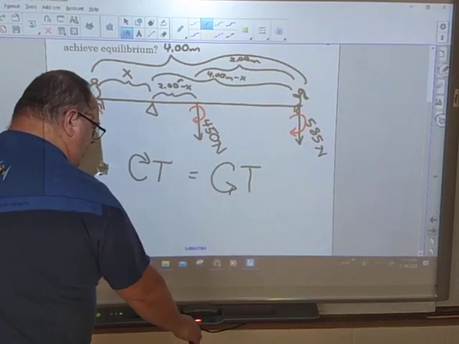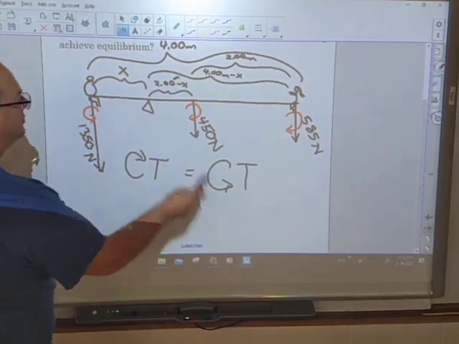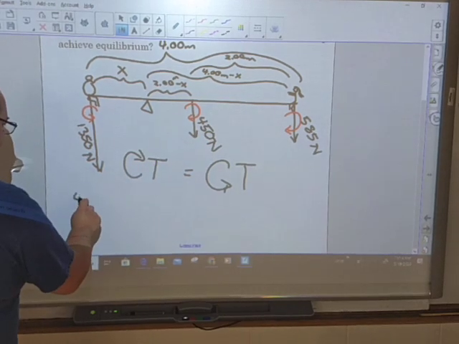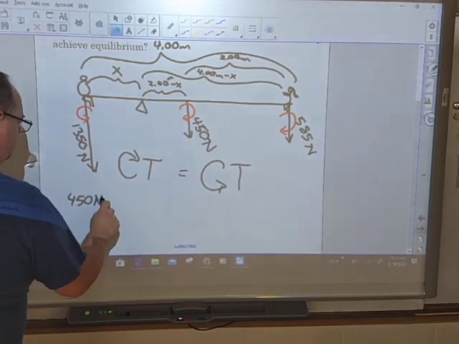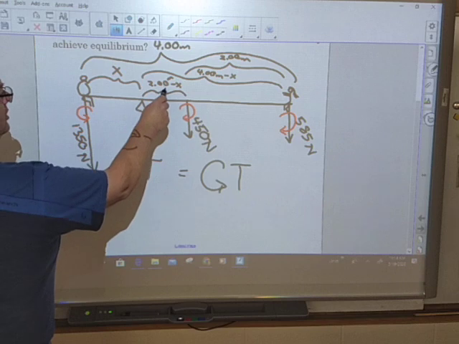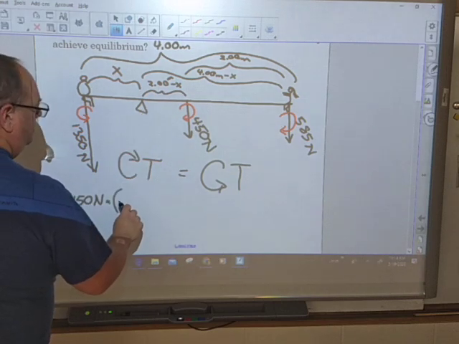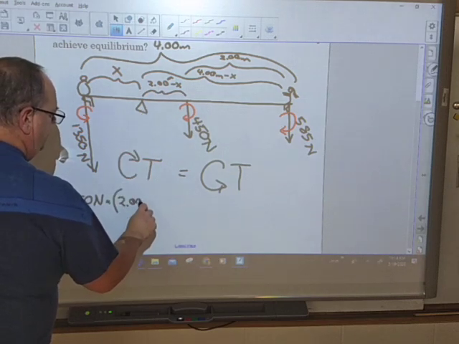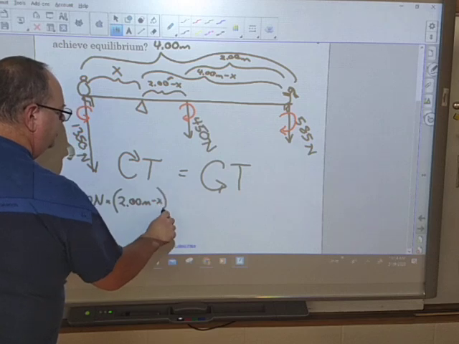So my clockwise torques, I'm going to have 450 newtons times 2 meters minus x.